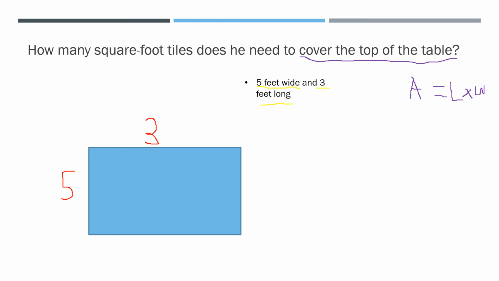So we're going to do 5 times 3. 5 times 3 will give us our area, and 5 times 3 is 15. So our area for this question is 15. So Jerry will need 15 square foot tiles to cover the top of the table.